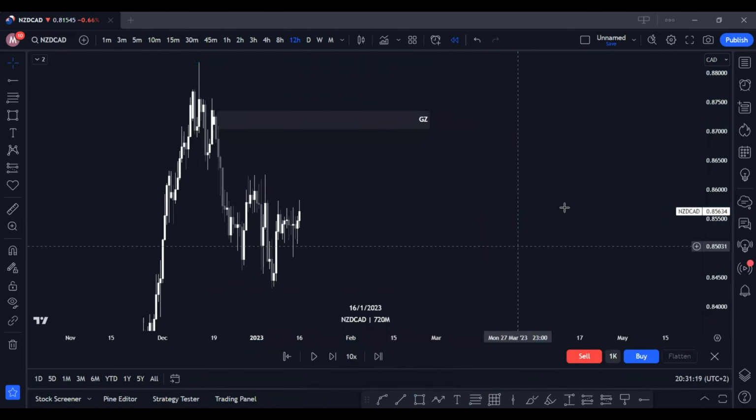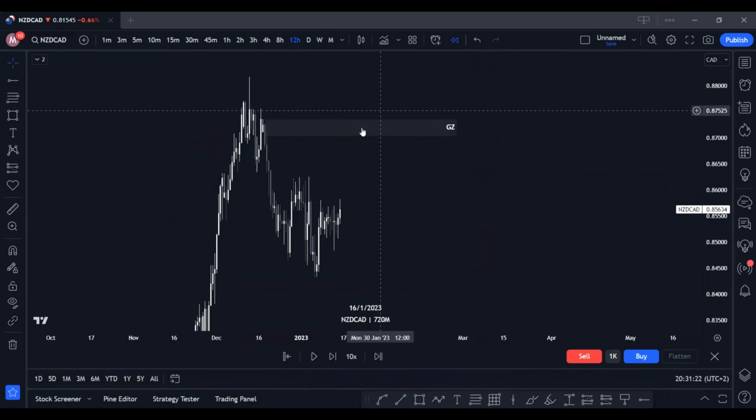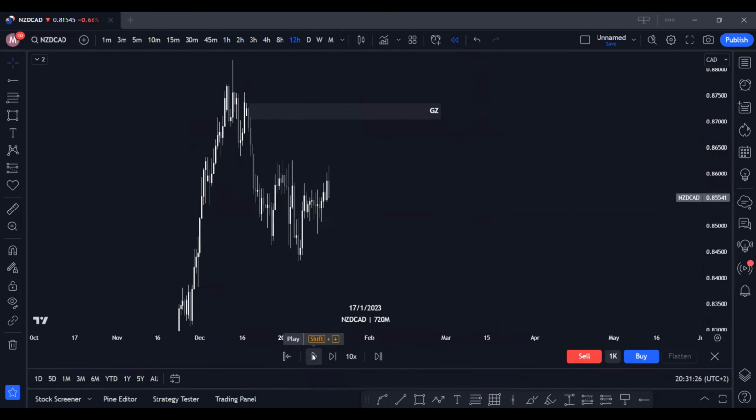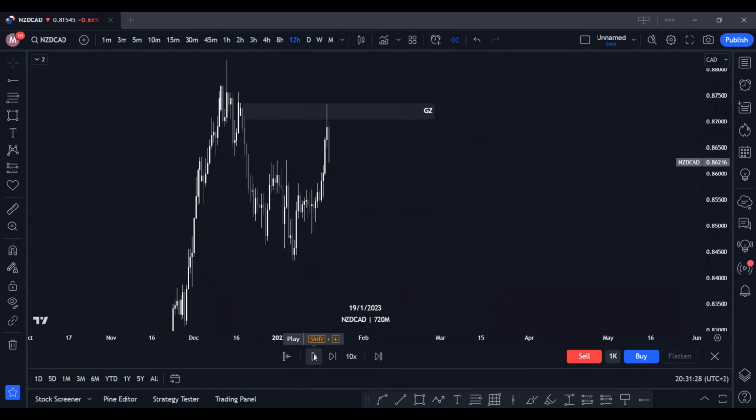And now from this golden zone, you're going to be looking to take your selling opportunities from this golden zone here. So let's just see price. So price taps us in.